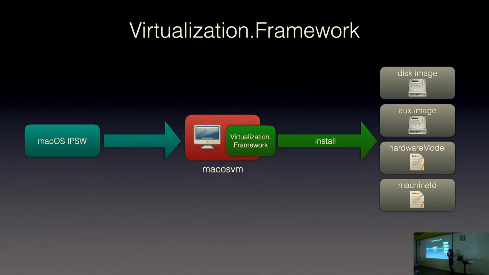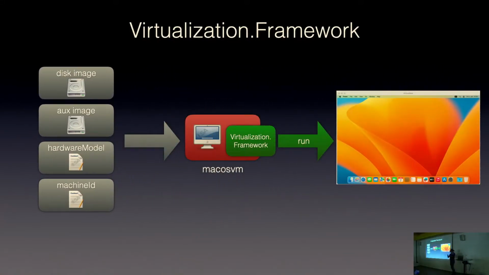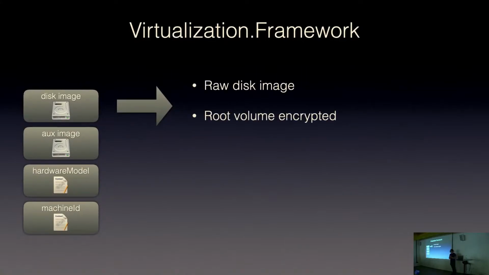So that's the installation flow. What you get out of that is a root disk image, an aux image, a type of device description, and a machine ID. We're getting there on what those mean in a second. You can then take these and say, go, please, Virtualization.Framework, run this now, and then you get a virtual machine. Easy, right? Well, let's look a bit deeper under the hood.